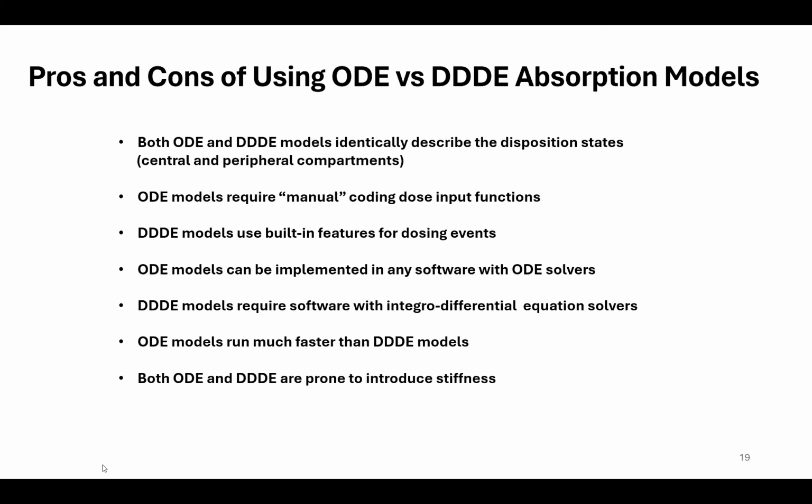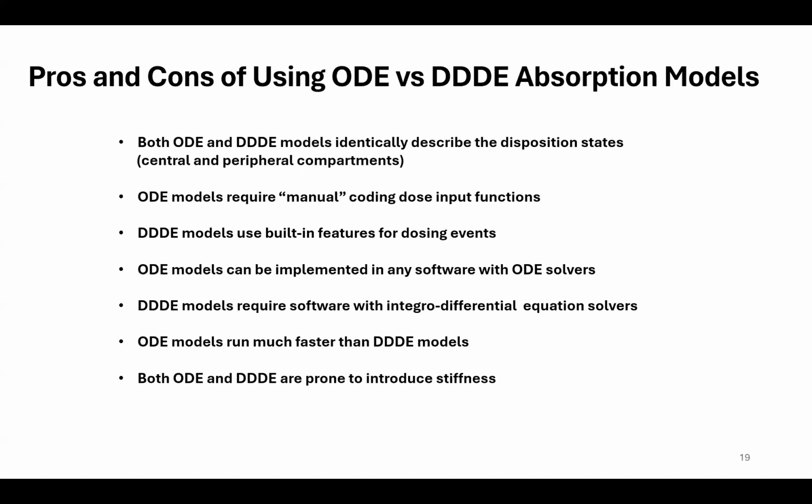The biggest disadvantage of the ODE models, and this is what prompted me to give this presentation, is that when you code those ODE models using ODE solvers, you have to manually type in the sometimes complex equations for those distributed delays. That is okay when you have a single dose, though I probably wouldn't recommend it. But if you have multiple doses, you will have to code not just those distributions, but the delay distributions with those dosing events.